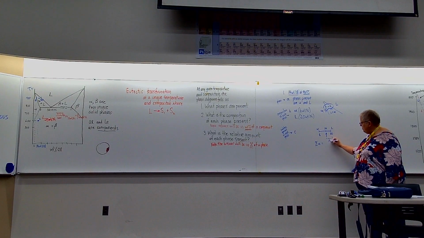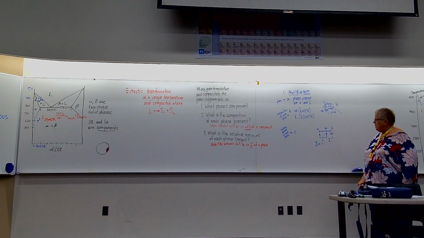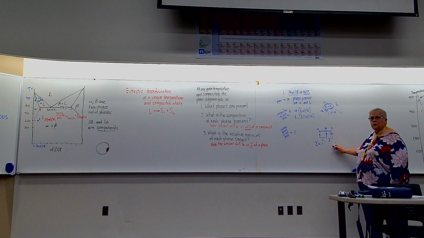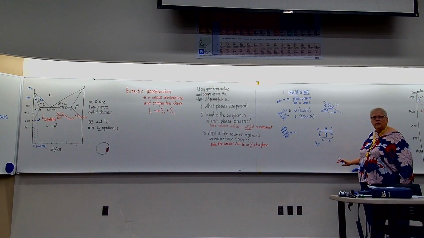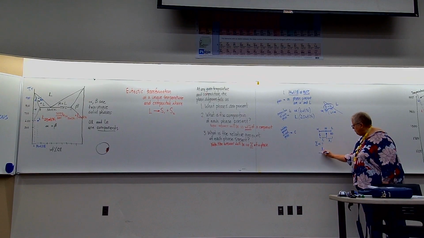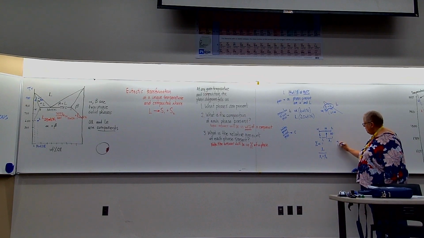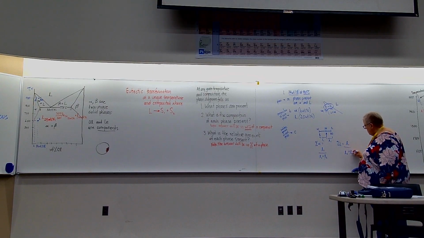I'll call this L2, and I'll call this L1. So the percent alpha is L2 over the total L2 plus L1. And the percent liquid is L1 over L1 plus L2.